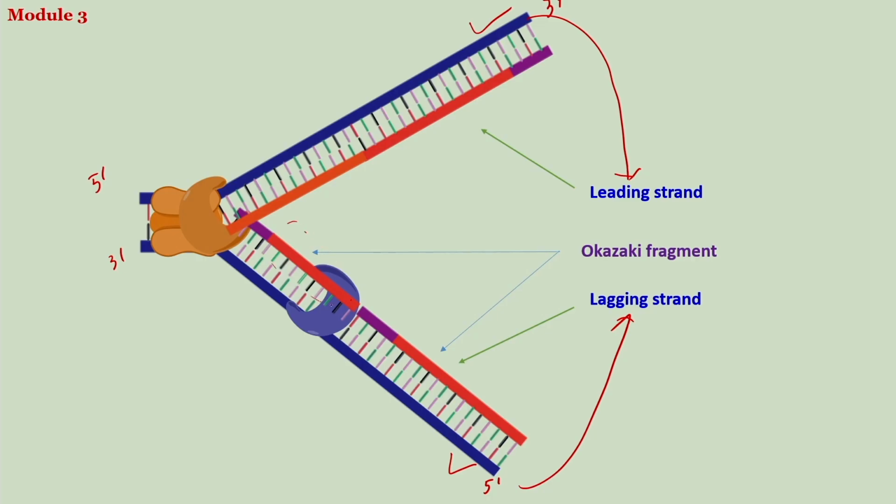So, this is the new DNA that has been synthesized, and this is the new DNA that has been synthesized. So, discrete synthesis, and they are synthesized in fragments. These fragments are known as Okazaki fragments. All of the steps we will discuss in detail one by one.